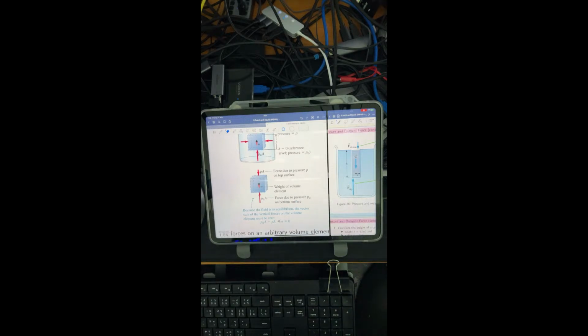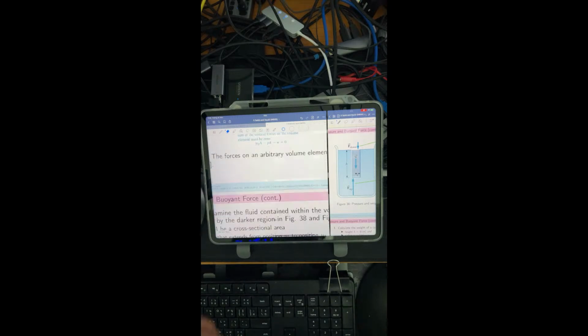The forces are the force due to the pressure P on top of the surface and the weight of the volume of the element. P0A is the force at the lower lid. P0A pointing up should be positive, PA pointing down should be negative, and W pointing down should be negative too, right?